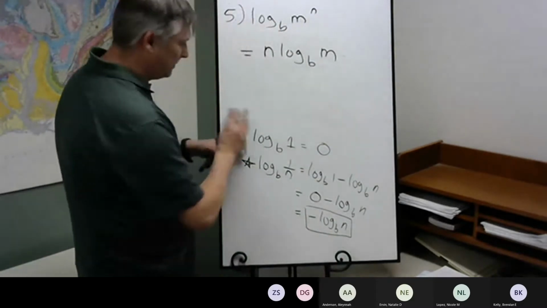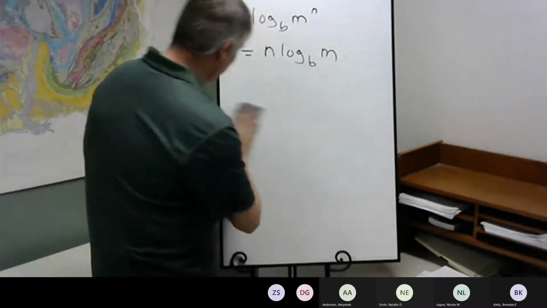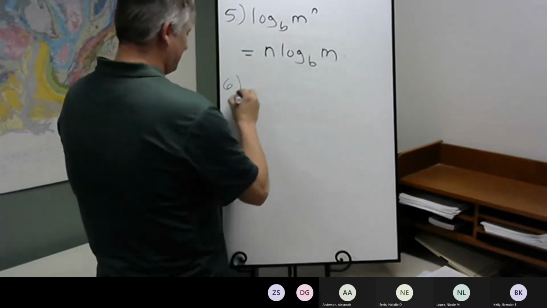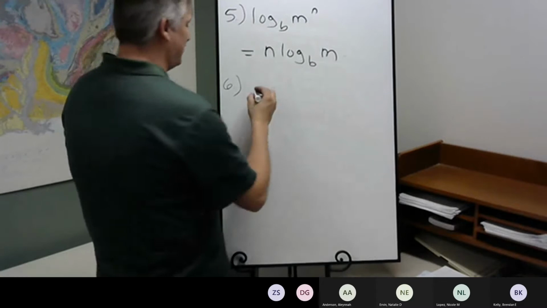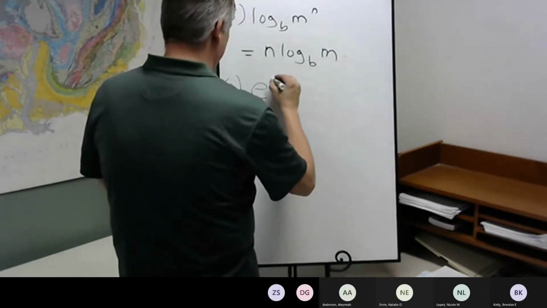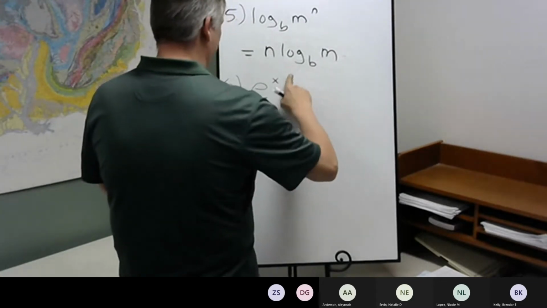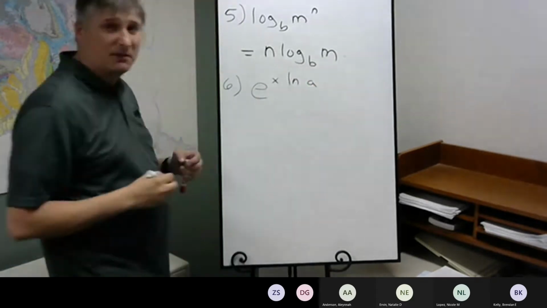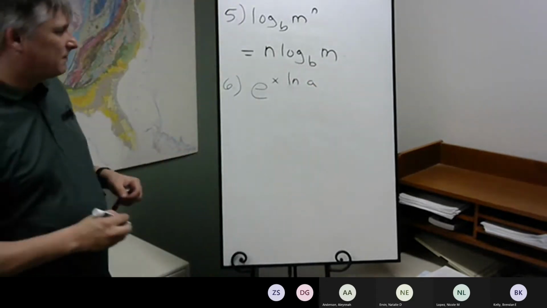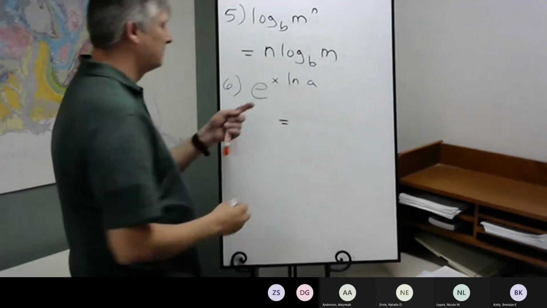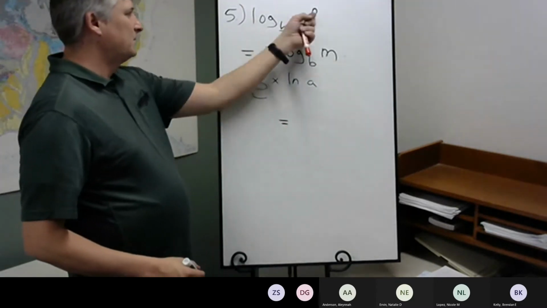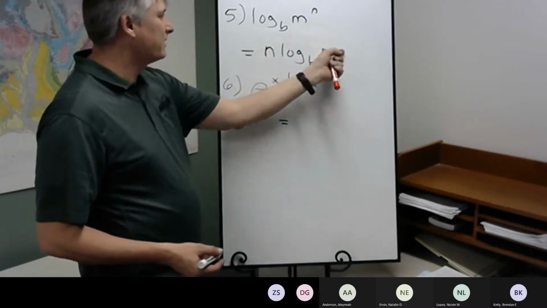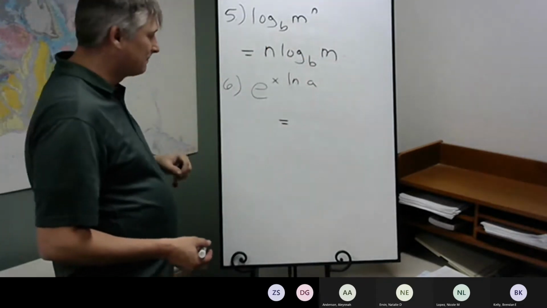So one last one that comes up, it's going to be this. So let's say we have this. Something like this. Well, what we can do, just like this jumps down in front of the log, it goes back the other way. We can put it back up here to get that.